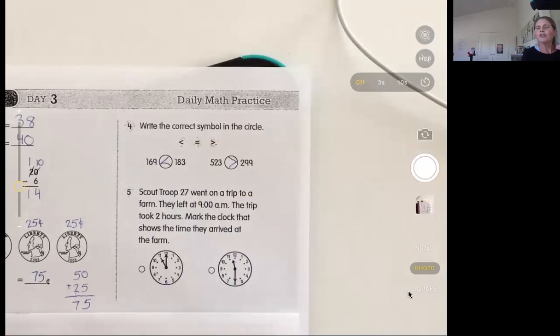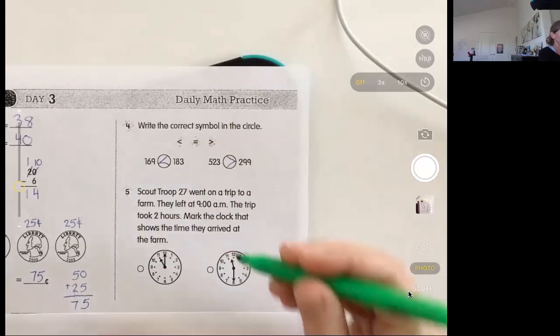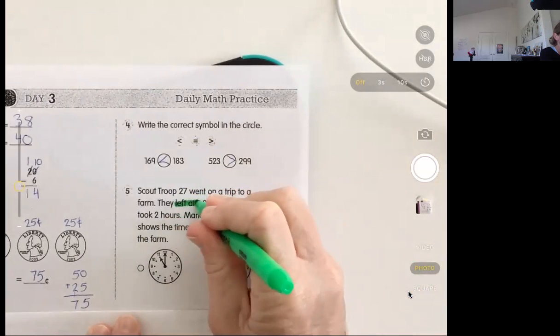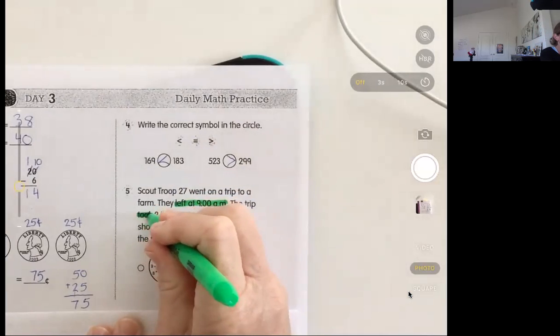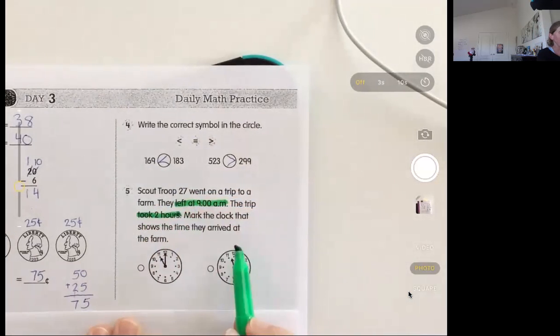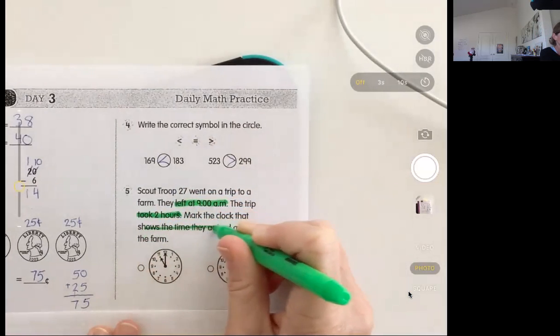Okay, I'm going to underline some important information. They left at 9. I'm going to actually use my highlighter. Left at 9 a.m. And the trip took 2 hours. So mark the clock that shows when they arrived.